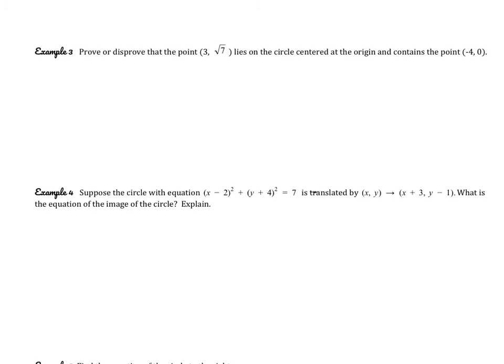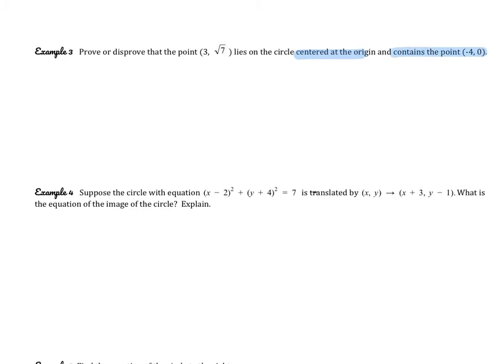Here we're asked to prove or disprove that the point (3, square root of 7) lies on a circle centered at the origin and contains the point (-4, 0).